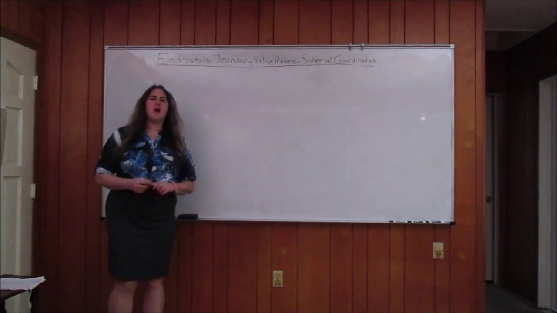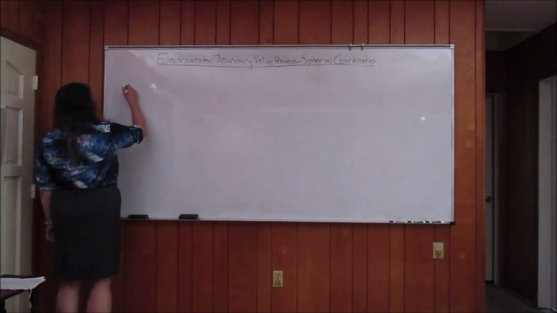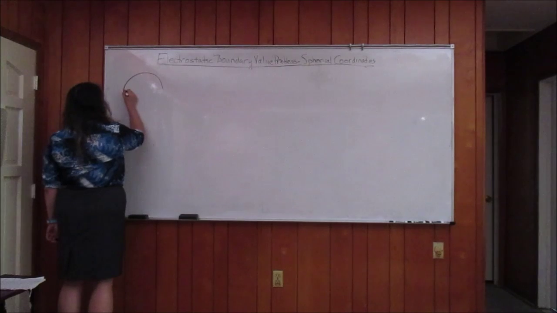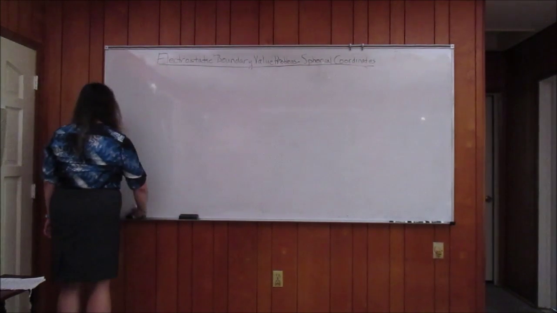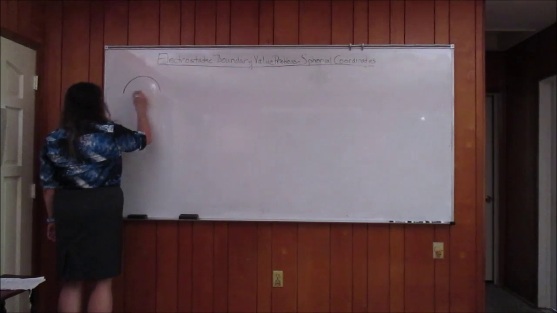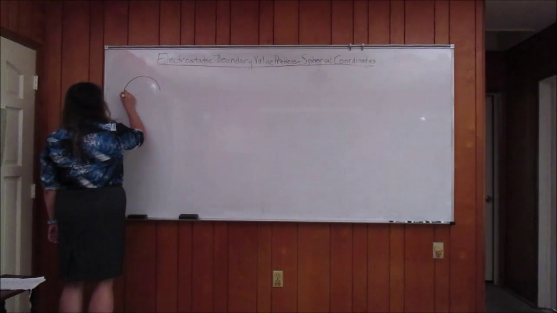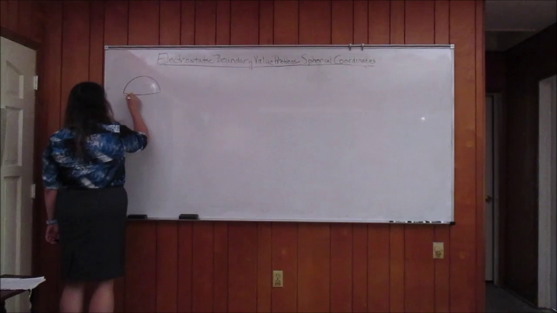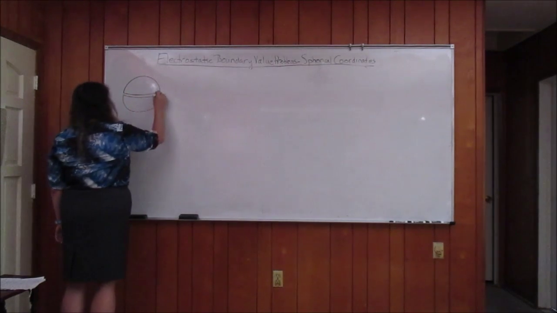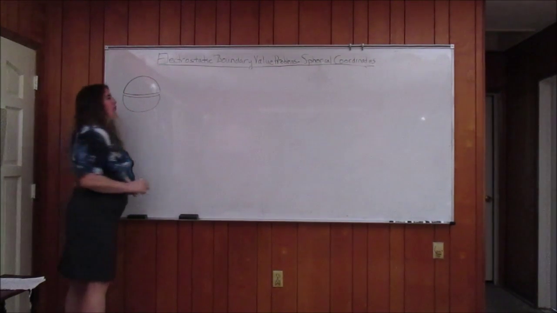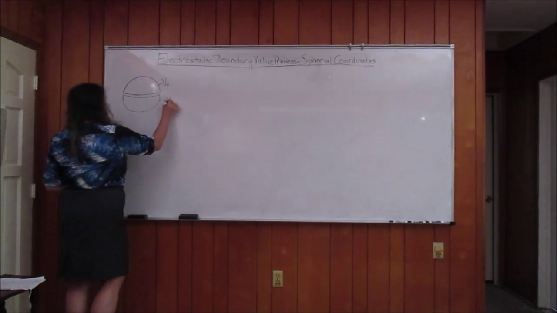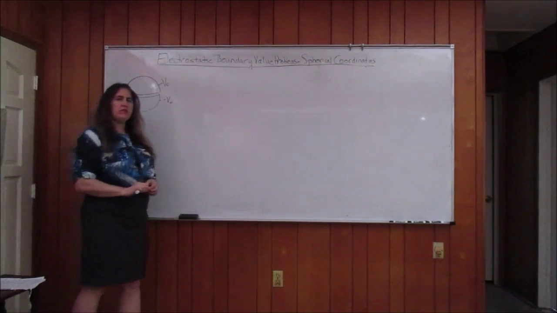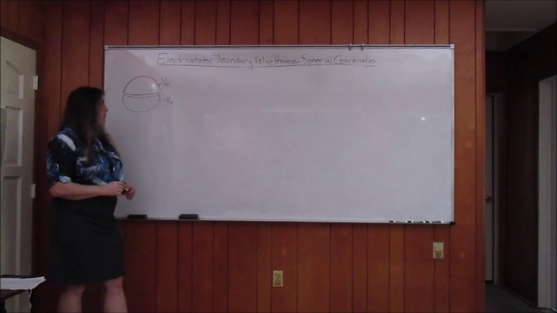The fourth and final problem I'm going to work through is that of where you have two hemispheres, the top one of which is at V0 and the bottom one of which is at minus V0.